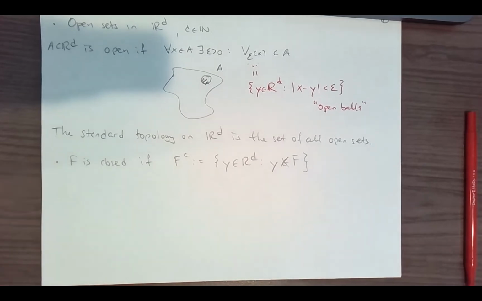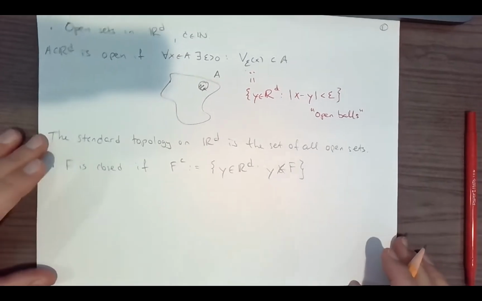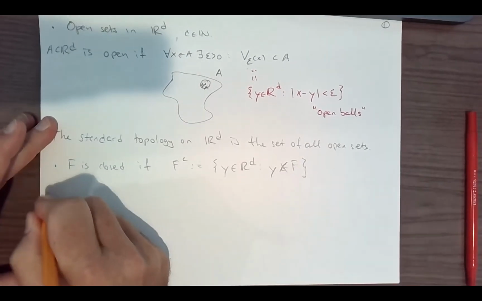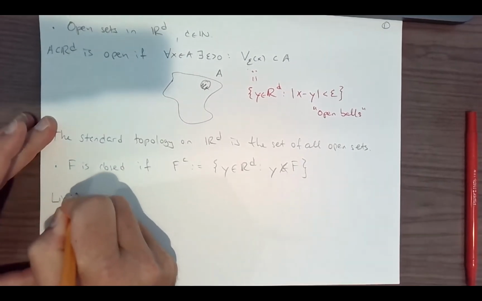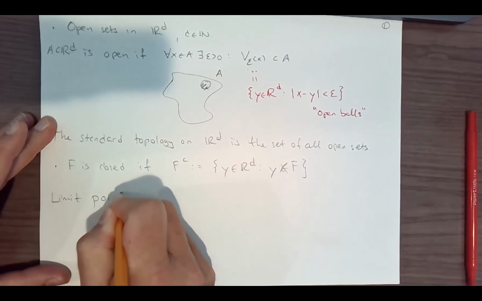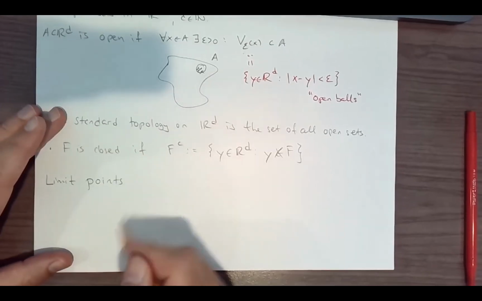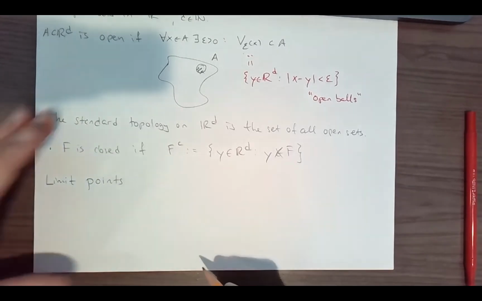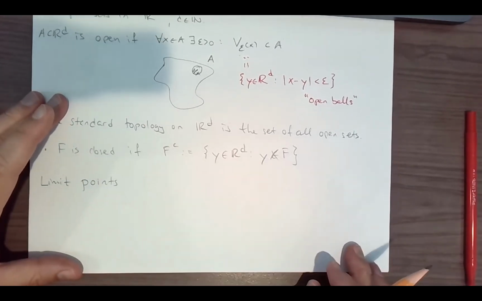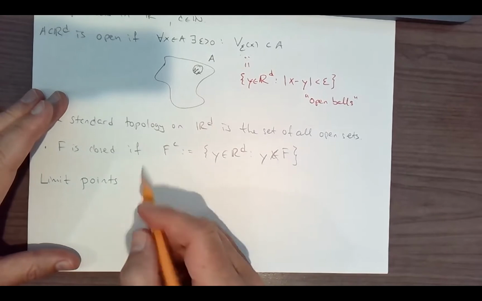The thing we ended up talking about last time was the definition of limit points. These should not be confused, as I mentioned a few times last time, with limits of a sequence.